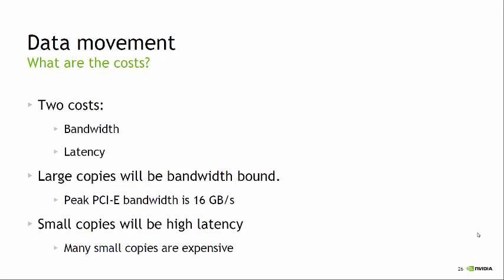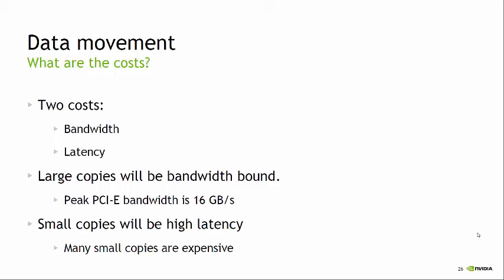So what are the costs of moving data? Before we start optimizing, first we have to understand why it is slow. There are two main costs with most operations: throughput and latency. In this case, bandwidth and latency. For a large copy, we are likely to be bound by bandwidth. We're going to be going at the peak bandwidth of the link, probably.